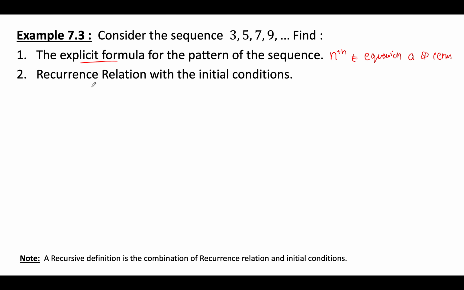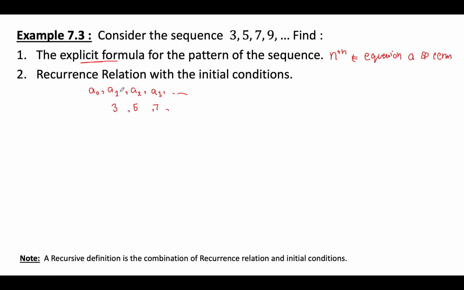So let's start here with the explicit formula. We got the sequence as 3, 5, 7, and 9, and we are trying here to find the relation between the term and its position. So here my sequence is A0, A1, A2, A3, and so on, and this is equal to 3, 5, 7, and so on.